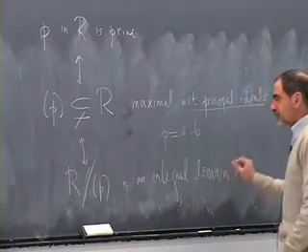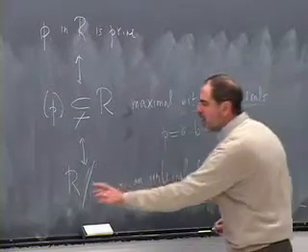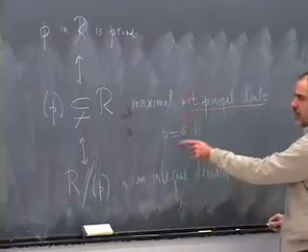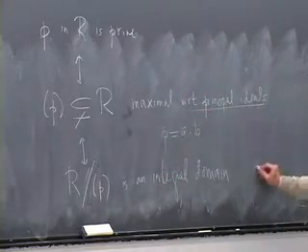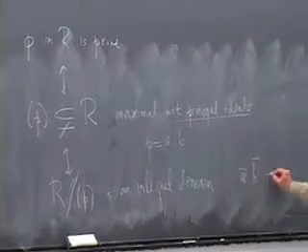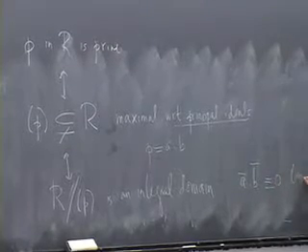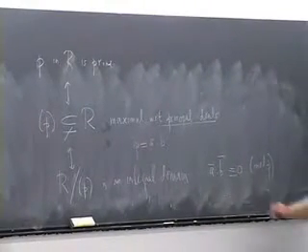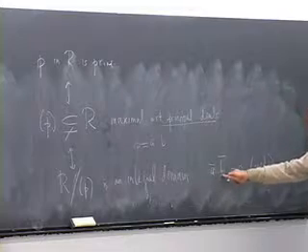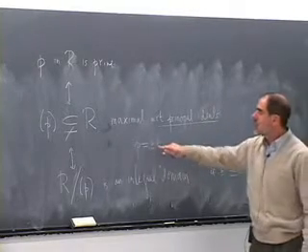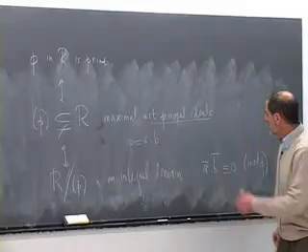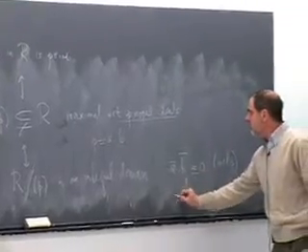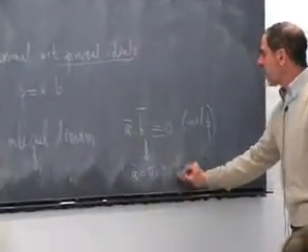Because if you had a product that was 0, something like A bar times B bar is congruent to 0 mod P, that would mean that either P had to divide A or P had to divide B. Namely, there were no non-trivial factorizations, which would mean that either A bar was 0 or B bar was 0.